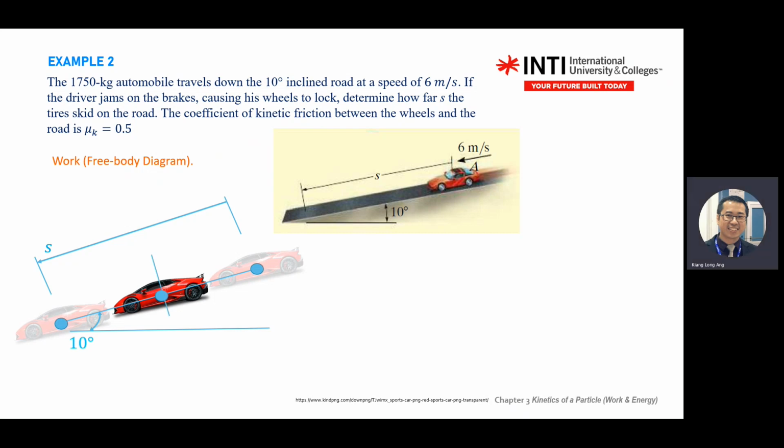Be careful when you draw the free body diagram. Always have the axis parallel to the surface, and draw one more vertical axis for your gravitational force. Start with mg.